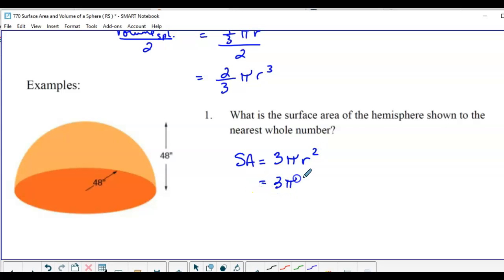So 3 pi times 48 squared. Let's do that on your calculator. That's a big number. To the nearest whole number is 21,715 square inches. So for imperial, they often put it in words, square inches.